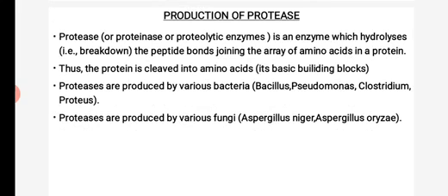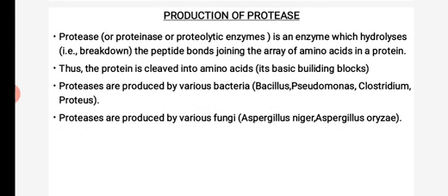Next is production of protease. Protease is an enzyme which hydrolyzes the peptide bonds joining the array of amino acids in the protein. Thus the protein is cleaved into amino acids. Proteases are produced from several bacteria like Bacillus, Pseudomonas, Clostridium, and also from several fungi like Aspergillus niger, Aspergillus oryzae.